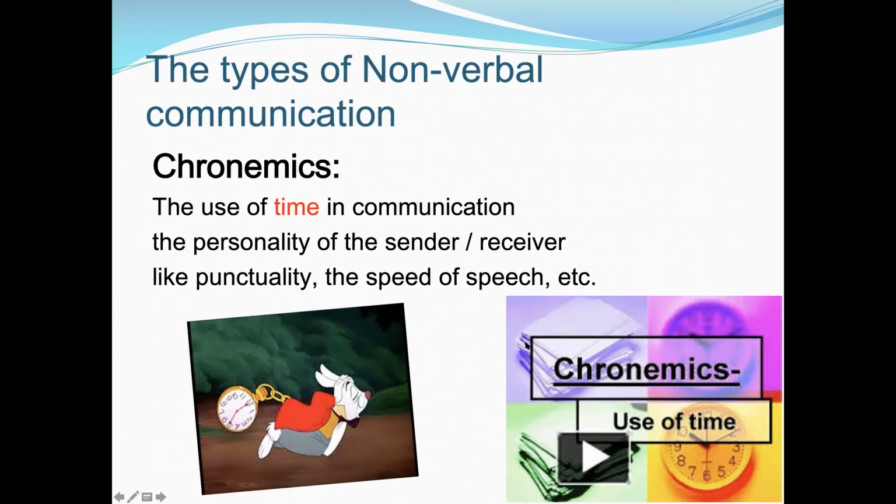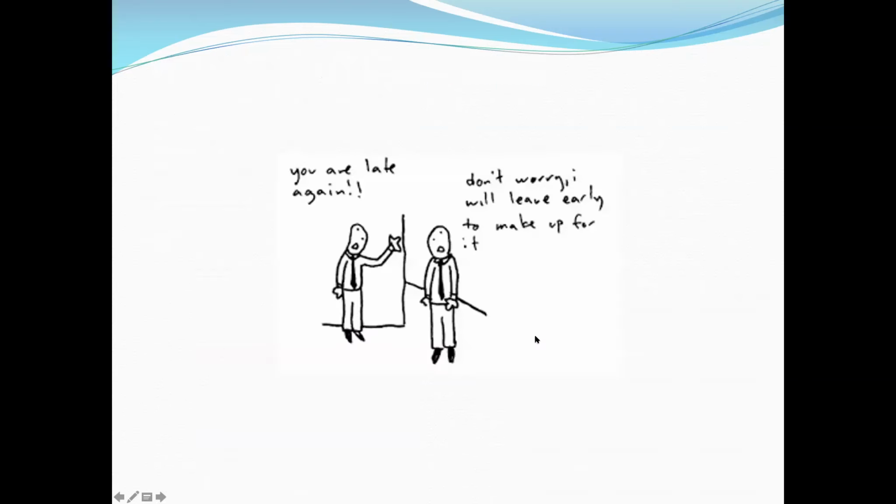So chronemics comes from chron, all right? Not monochrome. Chronemics is the use of time. For example, this picture is quite funny, but people's way of thinking can be controlled by the concept of time, right? "You're late again." Maybe he's the boss.